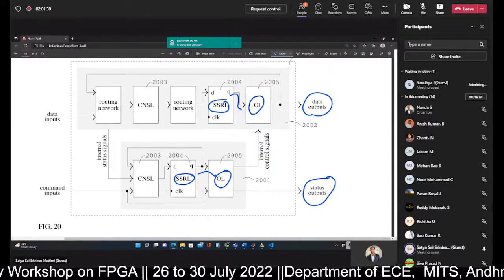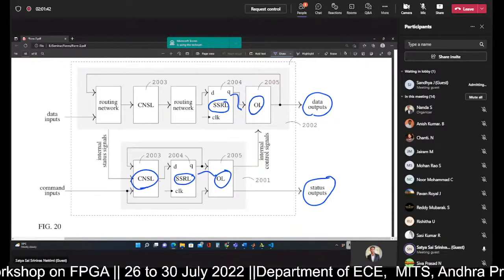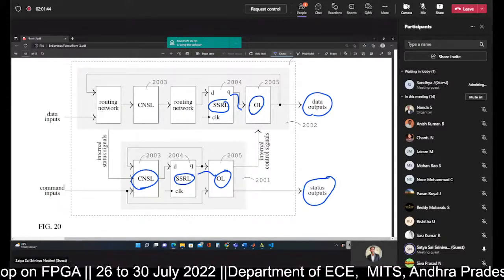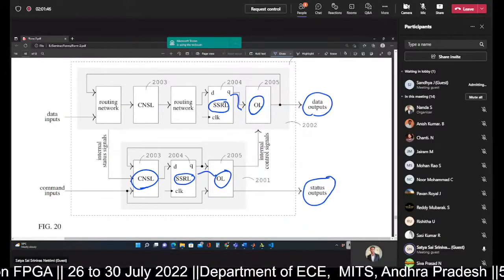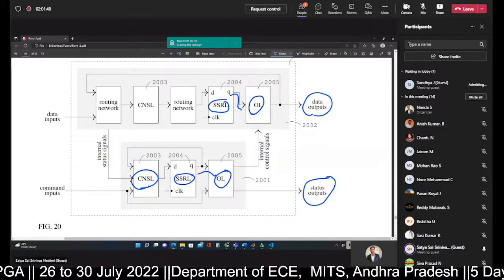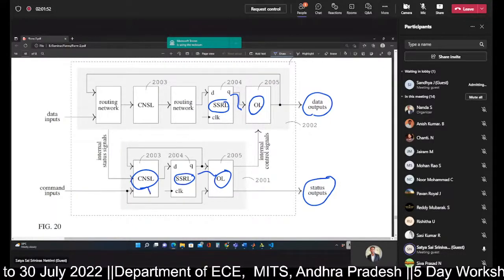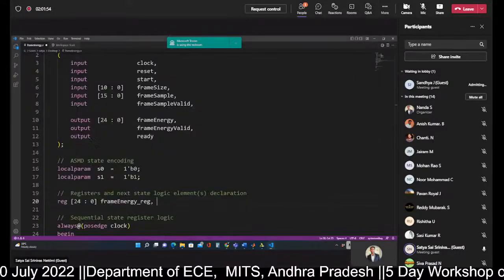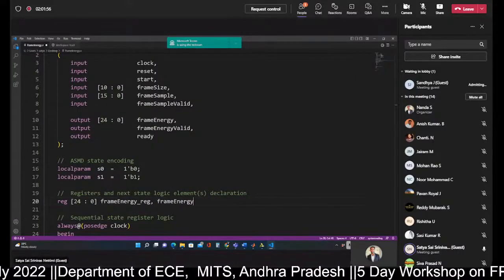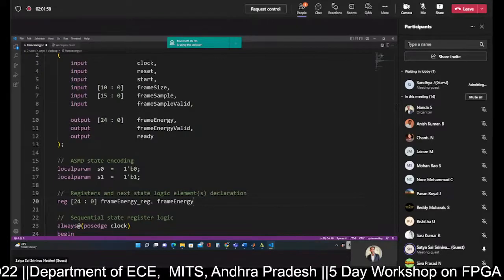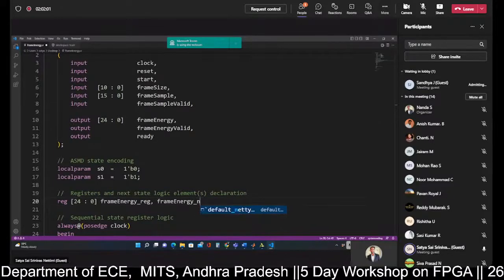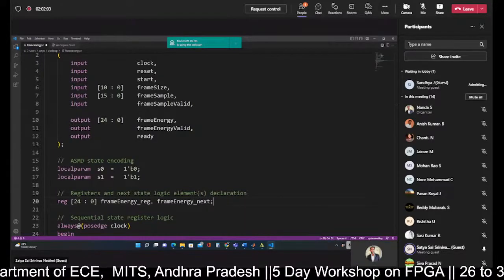Again, the sequential state register logic is driven by the combinational next state logic. So for each and every register you define, you have to define an equivalent driving force by the combinational next state logic. So for that, the combinational next state logic, I will give the name frame energy underscore next.